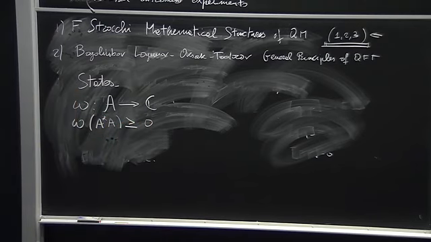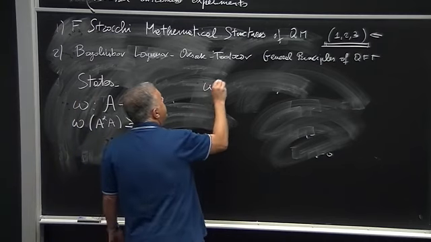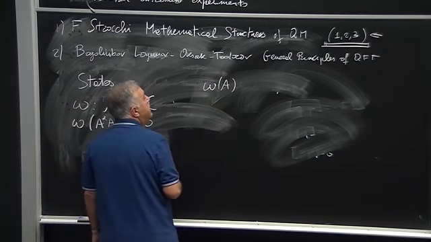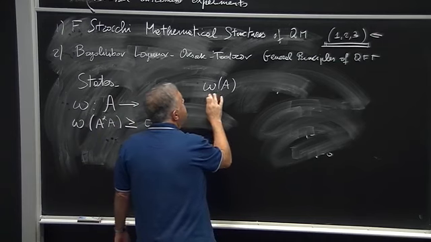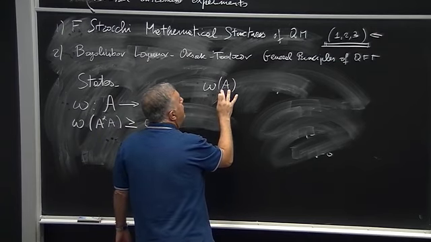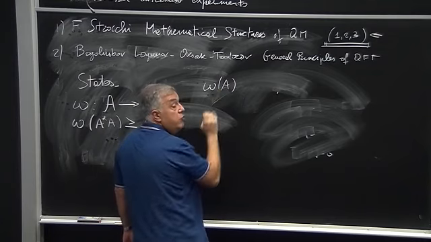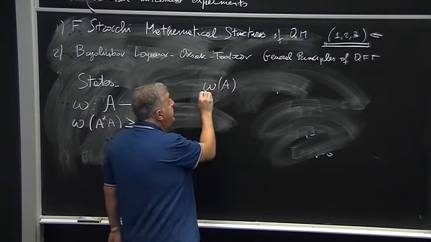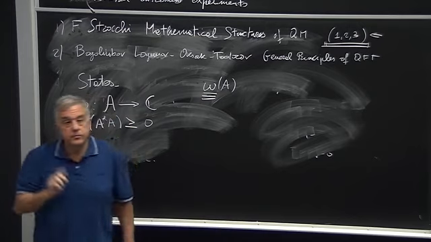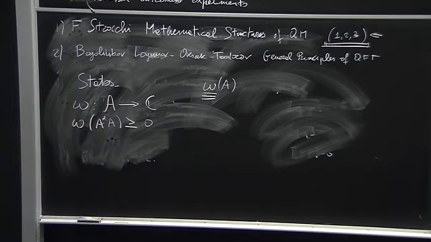What is omega of A? Omega of A is the outcome of the observable A when you measure it in the state omega.